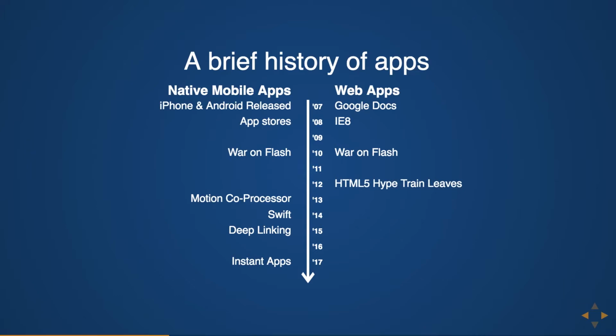So a couple years later, it's hard to understate the amount of coal that was shoveled into the hype train engine that was HTML5. So true story. I was working at Pearson at this time, and people would stop you in the hall and go, what are you working on? And I go, I'm working on a web app for this client.